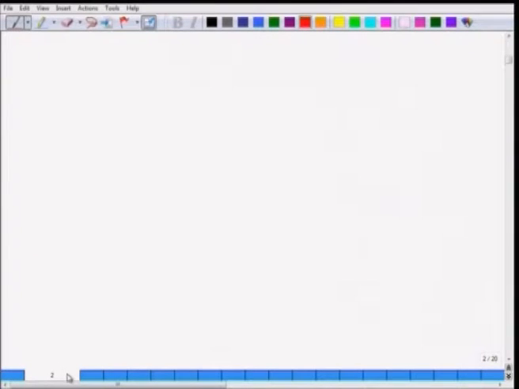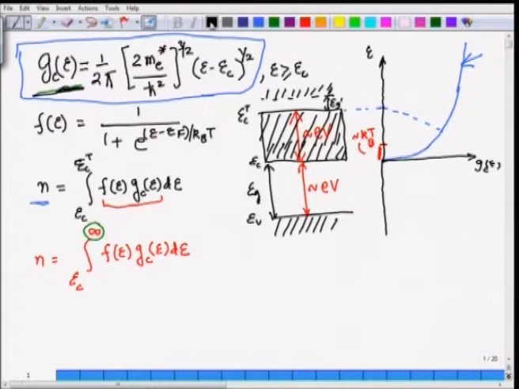Simultaneously, let us do one more thing, let us write down the expression for holes also. For that, we are going to use, very similarly, GV. The expression for GV we had written down was 1 by 2 pi square. I think I made an error in the first one. This should have been a square in here, 2 pi square should have been there, which I missed out.